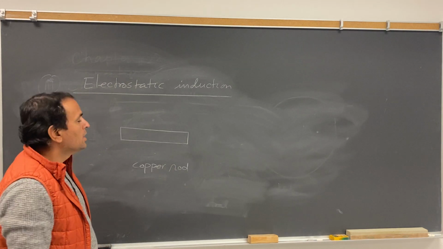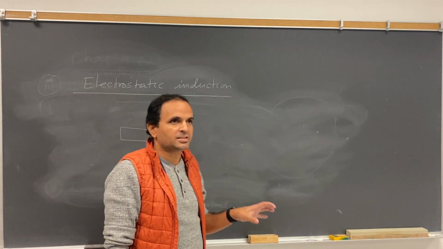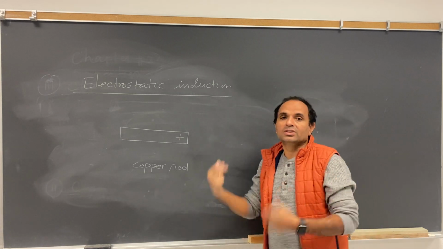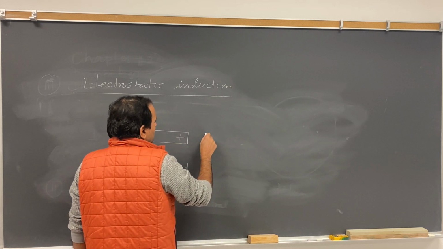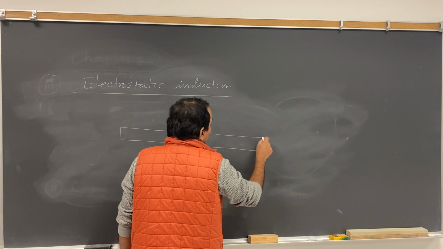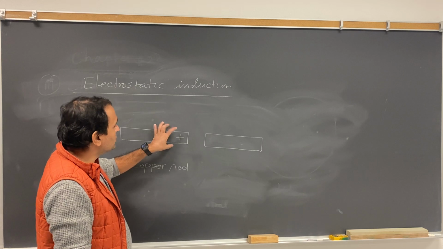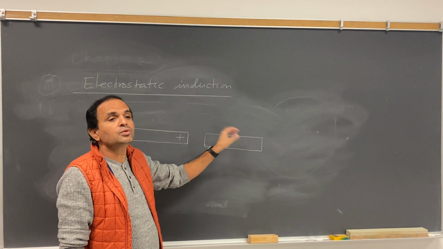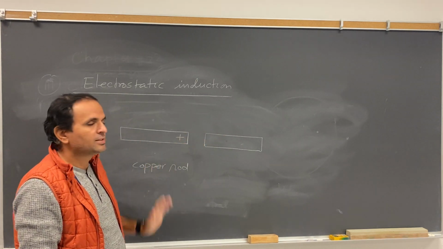Copper is a conductor, and this rod is positively charged. You can make it positively charged using some source. And I would like to bring another rod, the second rod. This rod is again a copper rod, a conductor. You can take copper or any other. This one is positively charged, and initially this one is neutral. Now you bring the neutral rod close to the positively charged rod.